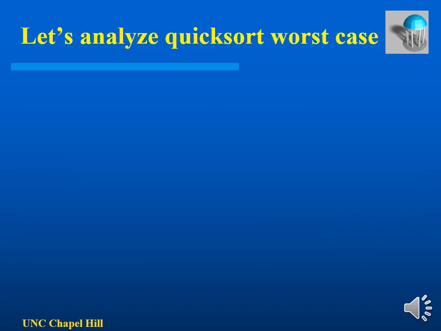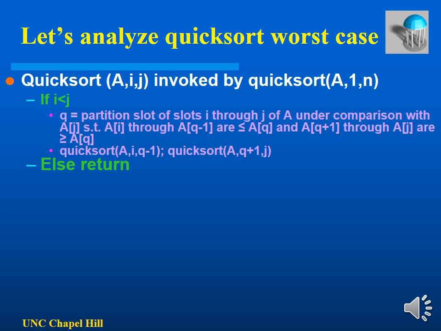Now let's go on to analyze quicksort, at least in its worst case. Later we will be analyzing its average case, but not for a while. Let's remind ourselves what the quicksort algorithm is. The quicksort algorithm is applied to a file with indices that go from 1 to n. That is to say, a file of n elements.